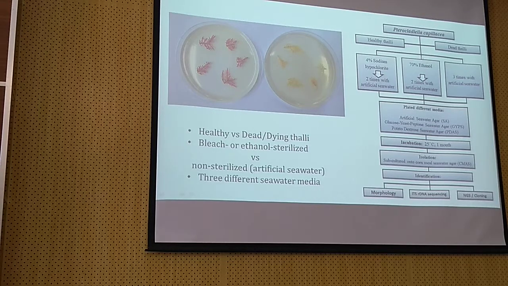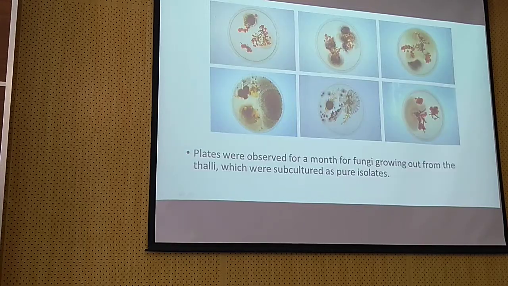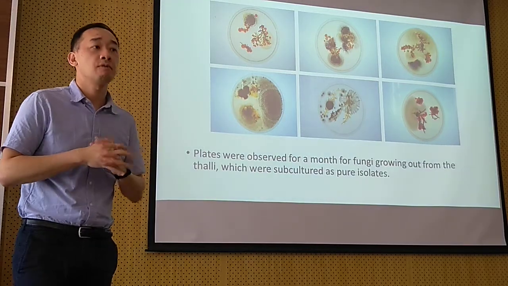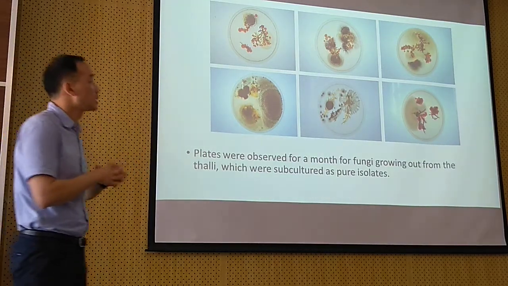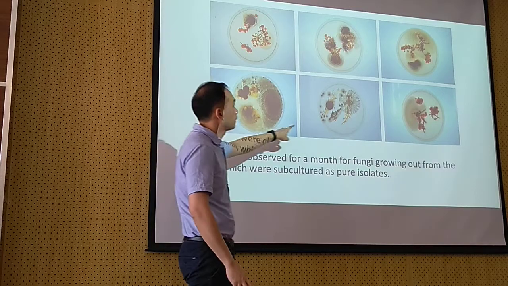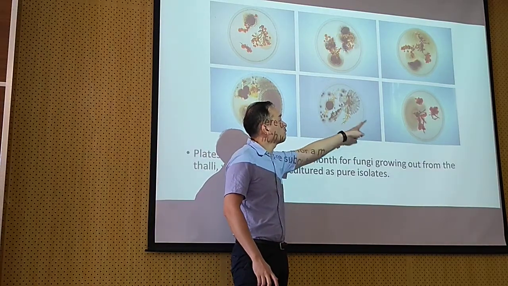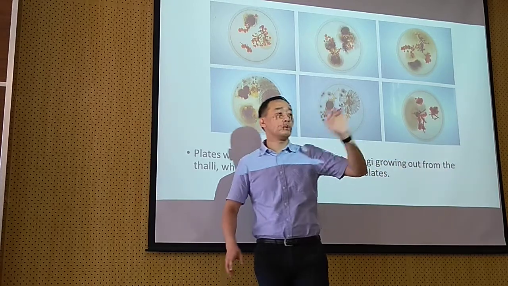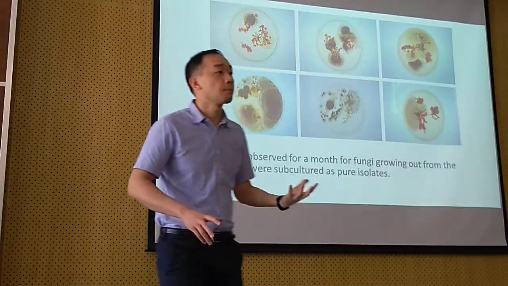After washing and plating, we incubate them, and basically they will grow like this. It looks quite gross, right? But because there are a lot of different fungi, what we do is cut a piece of the mycelium from these, and then we purify it as a pure culture.